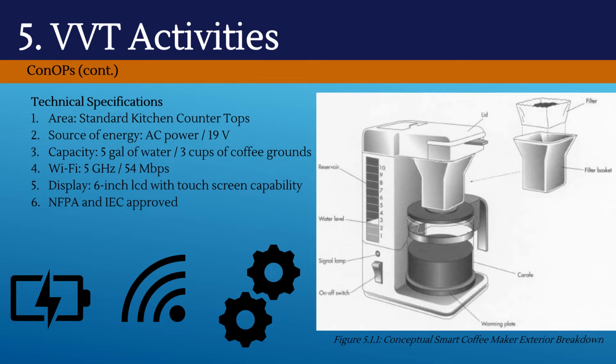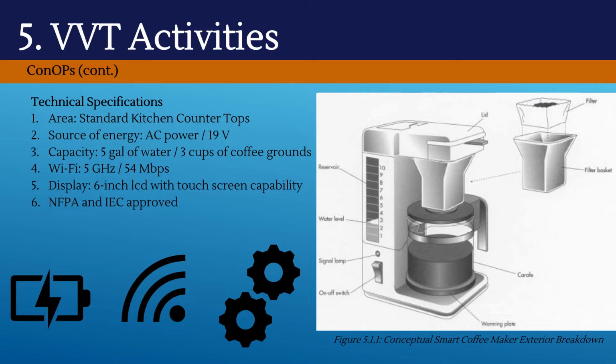In the ConOps, we also provided the subsystems and the technical specifications that our system will need and use. Some of the subsystems that we listed include water storage and coffee bean storage. For technical specifications, we wanted to list that this will be used on a standard kitchen countertop.